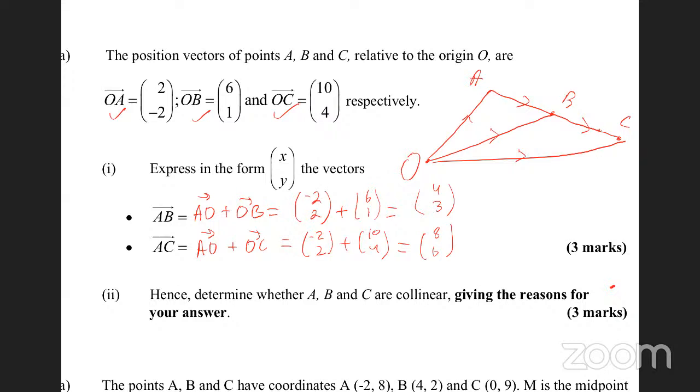So what do we need again? We have AB, we have AC, missing something. What are we missing? BC, very good. Find BC, please. Find the alternate route from B to C.